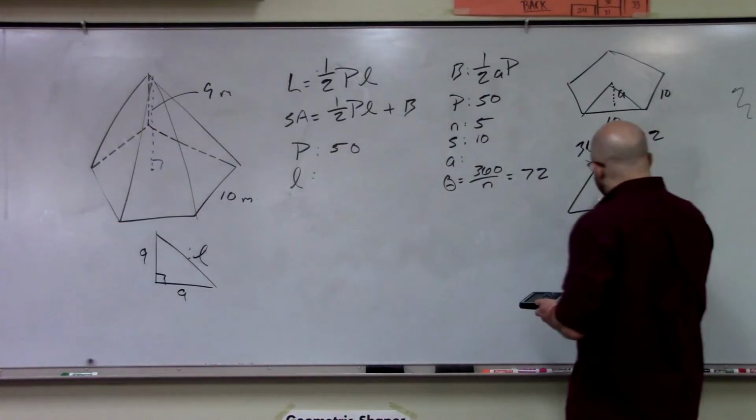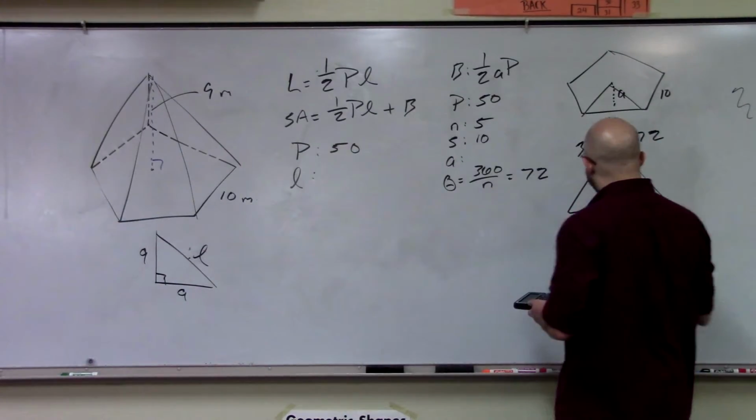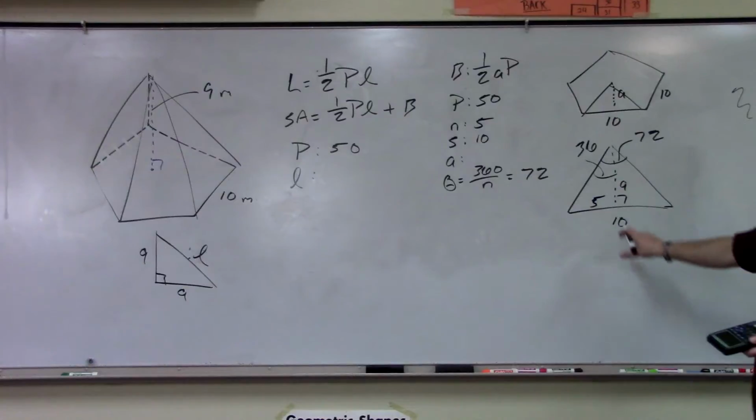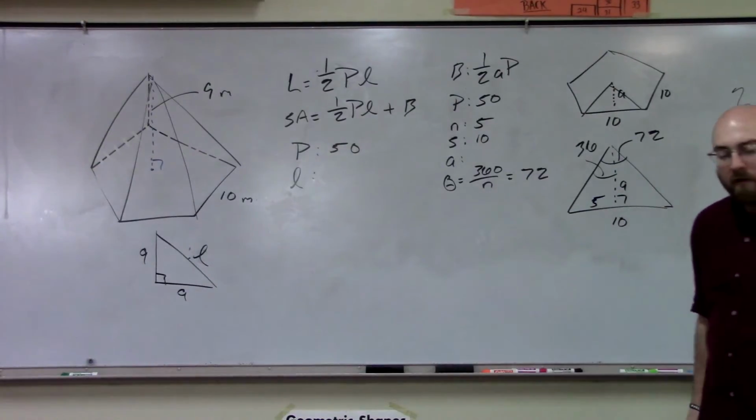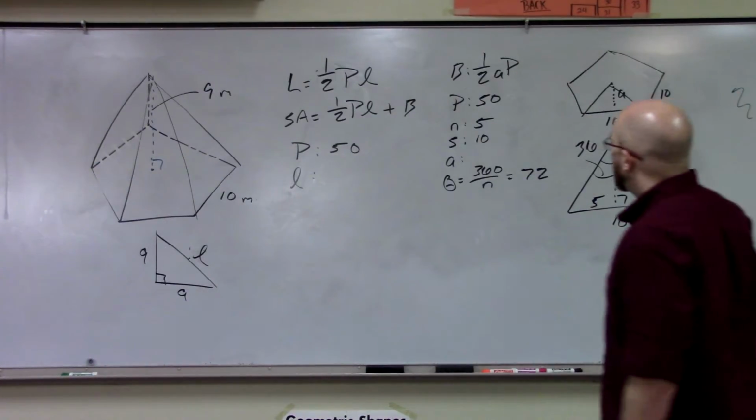All right, so we need to find this. That means also this, remember that line cuts it in half, so this is 5. We need to find A. Use our trig.